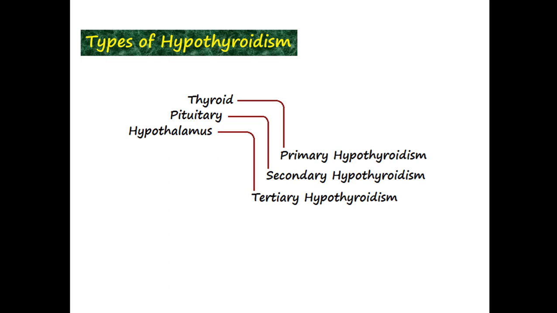So the problem may be in the hypothalamus caused by any injury, the presence of a tumor and other pathological lesions, and it is not secreting the TRH. So the hypothyroidism, if it is due to a problem in the thyroid, will be primary hypothyroidism. If it is due to the pituitary and hypothalamus, it will be secondary or tertiary hypothyroidism.